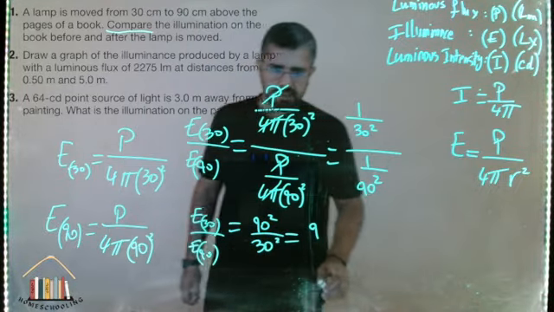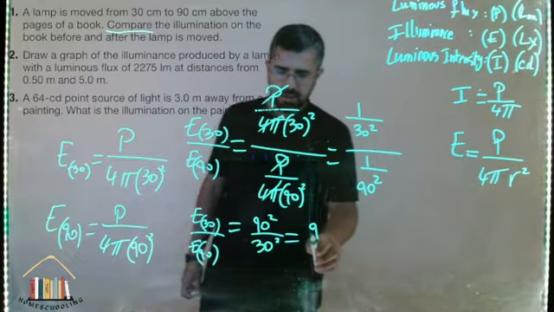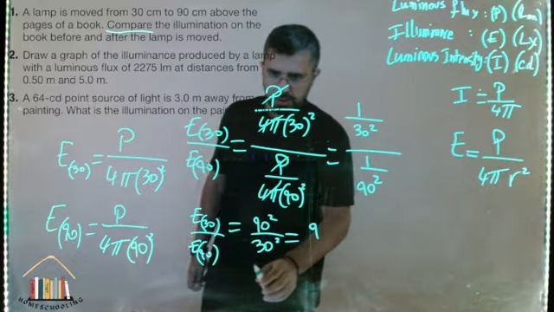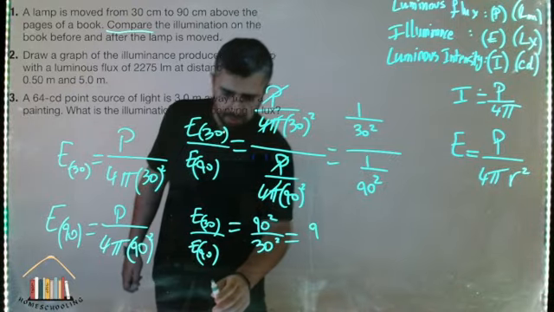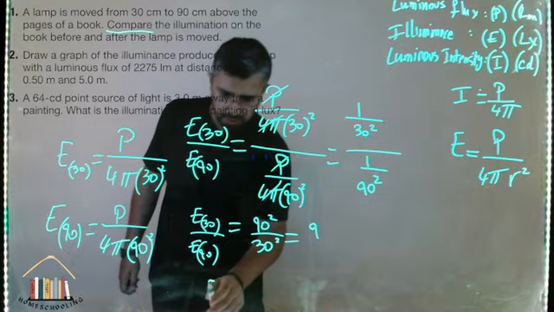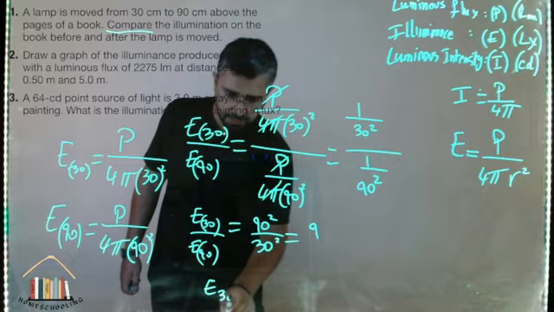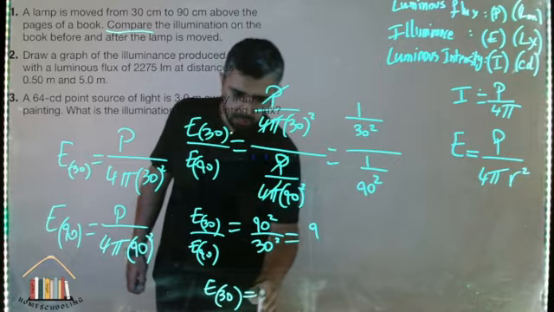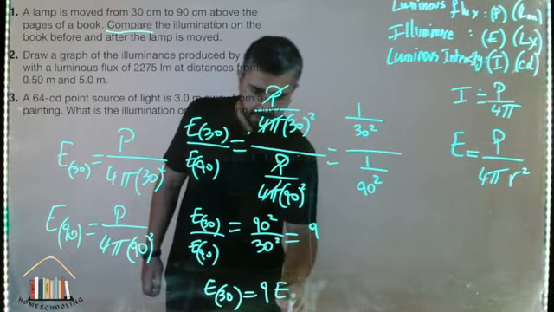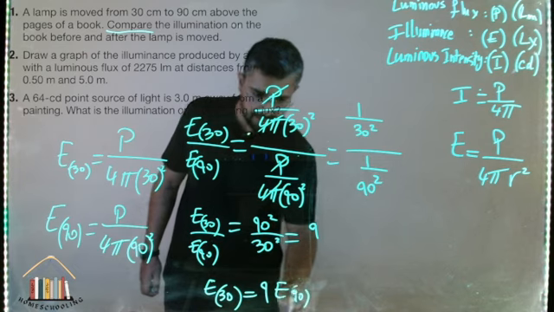So what does the value 9 mean? It means that E30 will be equal to 9 times E at 90 centimeters.